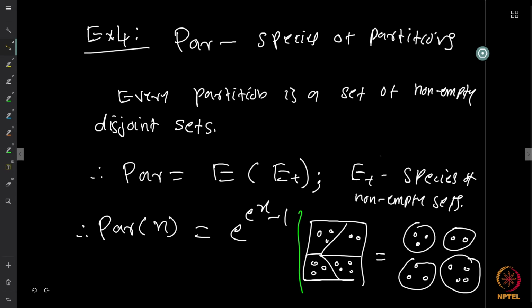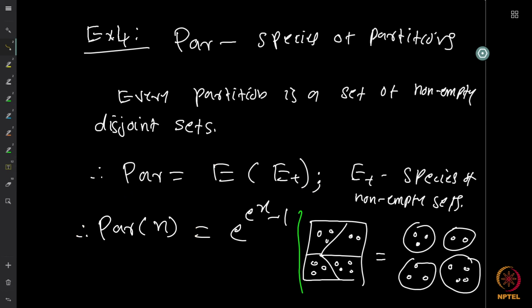The generating function for E is e raised to X. There is only one empty set, so E plus, which excludes the case of the empty set, has generating function e raised to X minus 1. And the generating function for E is e raised to X, so we get E composed with E plus, which gives e raised to (e raised to X minus 1), the generating function for the partition species.